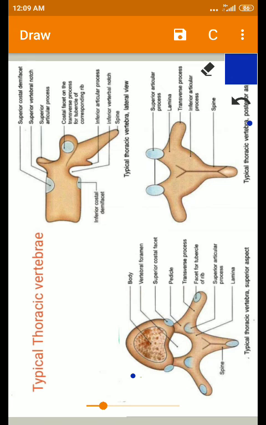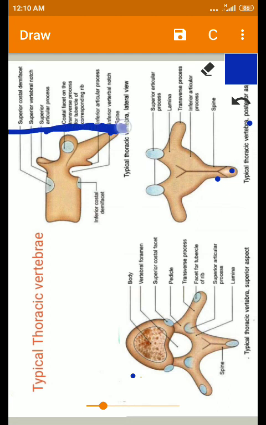This spine will give attachments to a number of muscles as well as some of the ligaments. The spine gives attachment to the supraspinous ligament. The ligament present on the spine is called the supraspinous ligament.